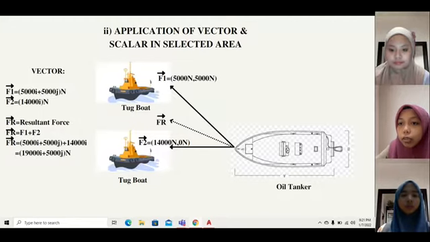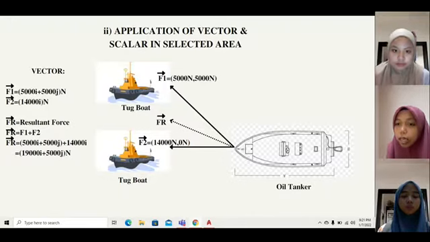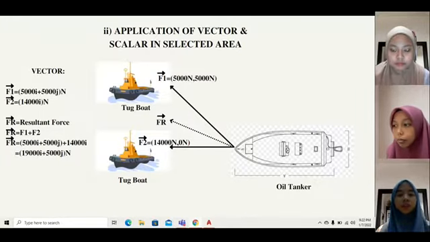So the resultant force, vector Fr, is equal to F1 plus F2, so Fr equals 5000 i plus 5000 j plus 14,000 i, and equals 9,000 i plus 5,000 j Newton. Okay, I will pass it to Diana. It is actually 19,000 i plus 5,000 j.